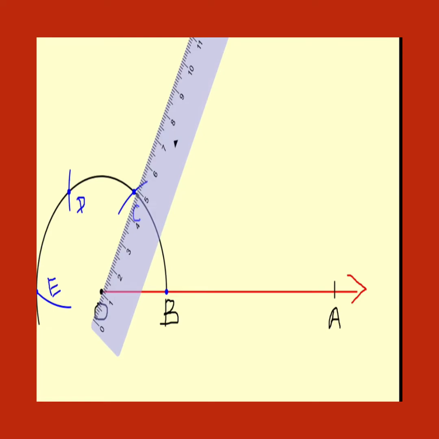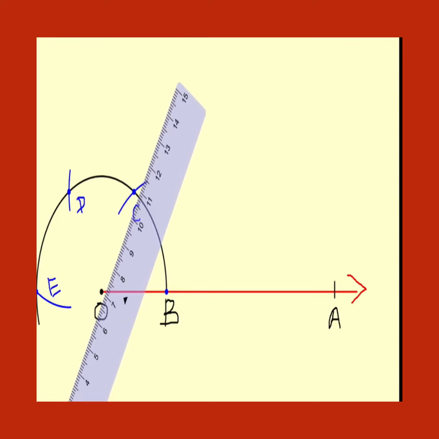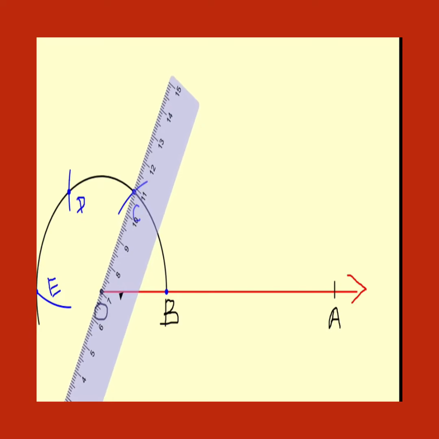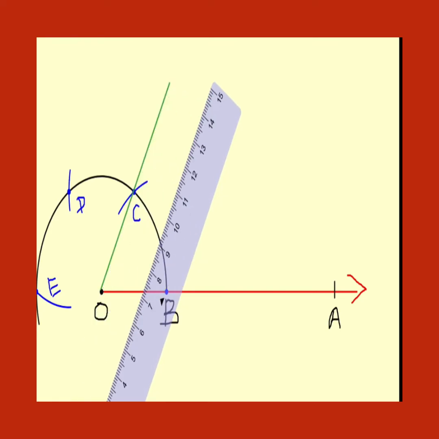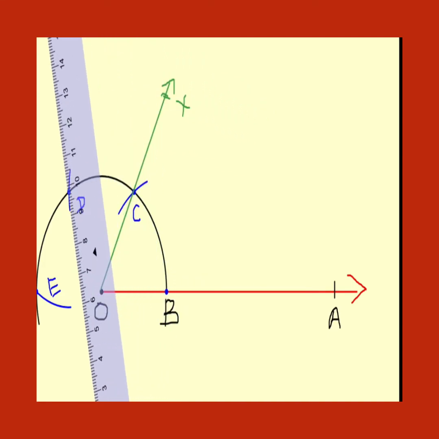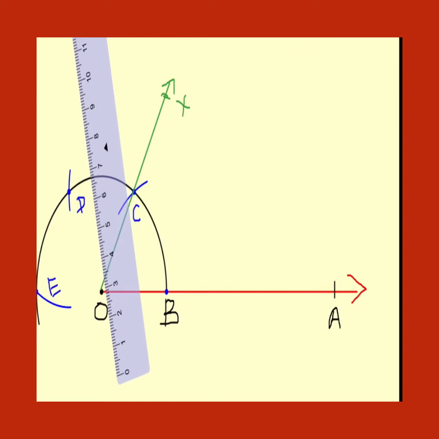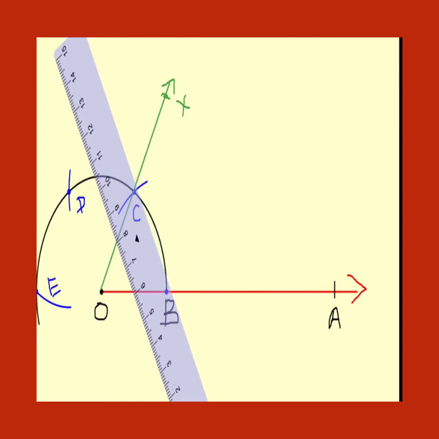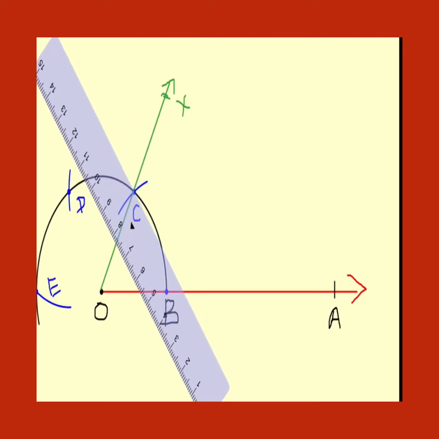You can easily construct angle 60 degree. You will mark a ray as you see. Let this be a ray OX. This ray constructs angle 60 degree, and if you join O to D, then you will get an angle of 120 degree.